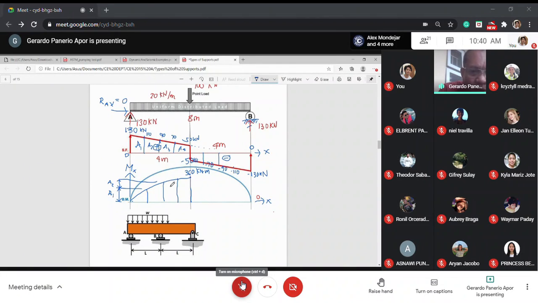If you want to determine the moment at 2 meters, because what we determined is at 4 meters, and this is 0 meters, what do you think is the moment here at this point? Is it 1/2 of the 360, or more than 1/2, or less than 1/2?